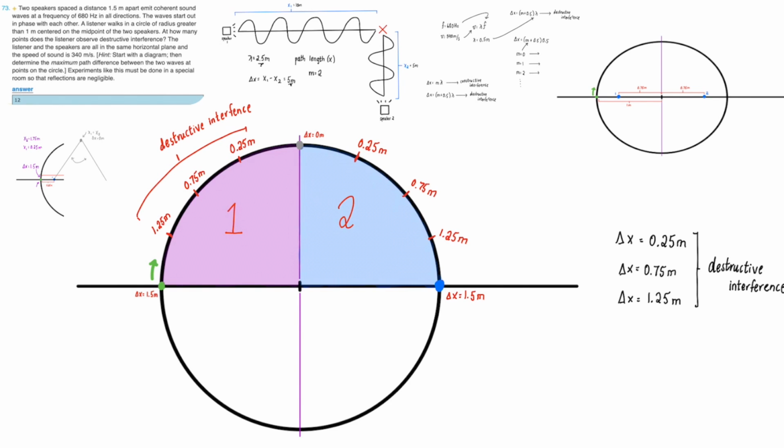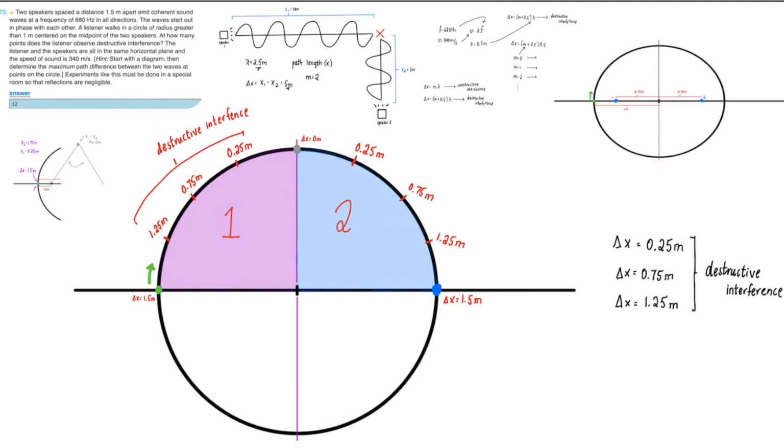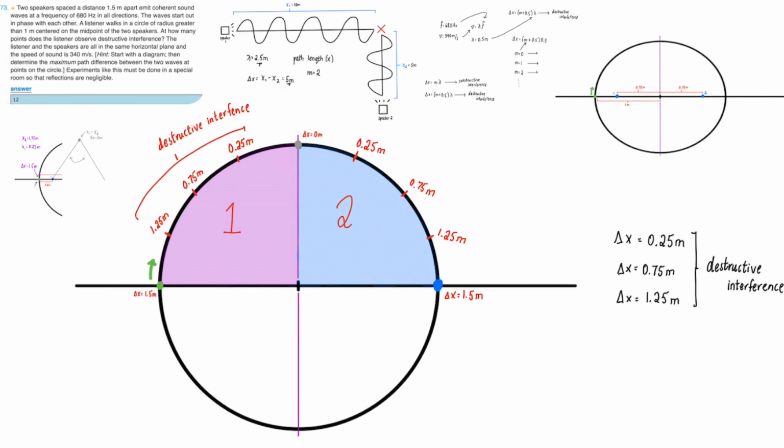And this is going to happen on the other side of the circle as well. So down here, he's going to experience another 1.25 meters. As he gets further away from the circle, it's going to increase. And when he gets near the bottom of the circle, it's going to be 0.25 meters.